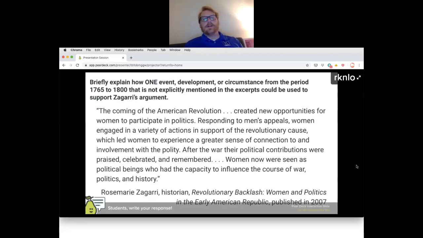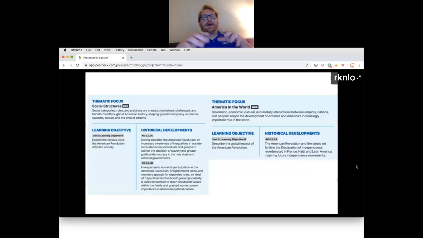Another big way would be to go with the Republican motherhood and the ideals of the Republican motherhood. So when we talk about how the American Revolution created a change in the lives of American women, we have to go to the concept of the ideal Republican. Most American leaders during and after the Revolution understood that the only way a republic would survive is if you grew Republicans and you made Republicans.